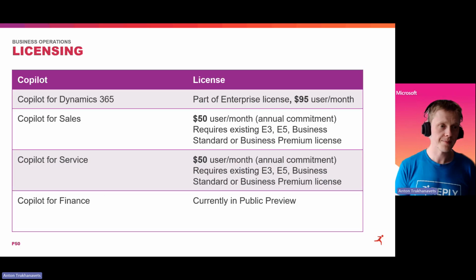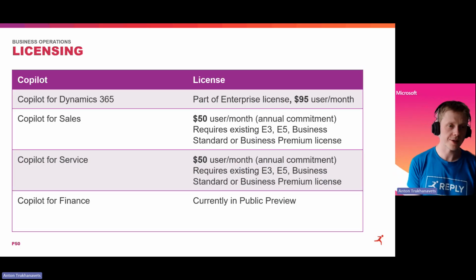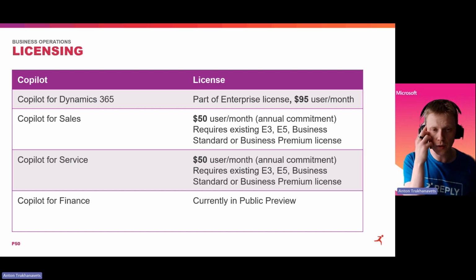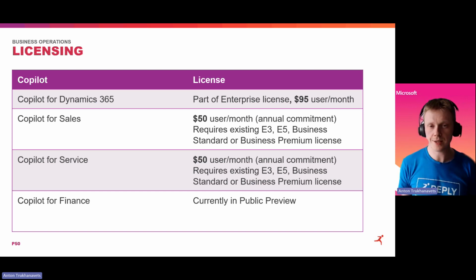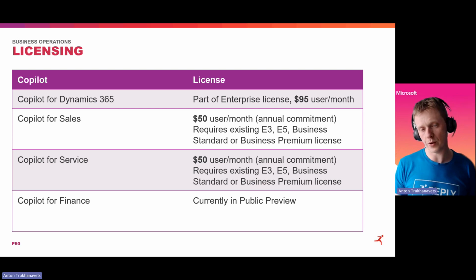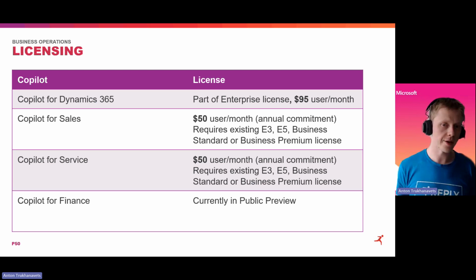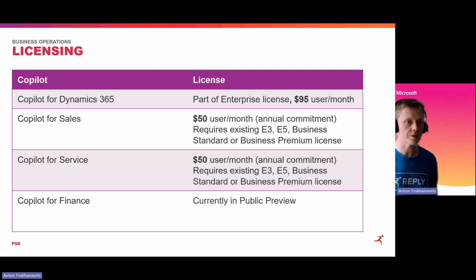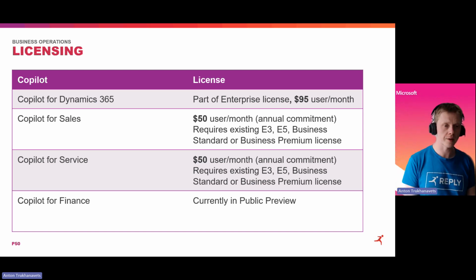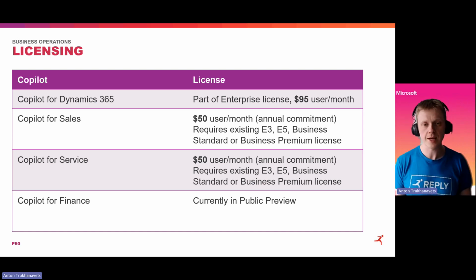In terms of license, Copilot for Dynamics 365 is usually included in the enterprise license. Not for all of them, the price is published on the web page, but usually they're priced at $95 per user per month. Copilot for Sales and Copilot for Service, and I assume Copilot for Finance will follow suit, are priced at $50 per user per month, and they require an existing E3 or E5 or Business Standard license.